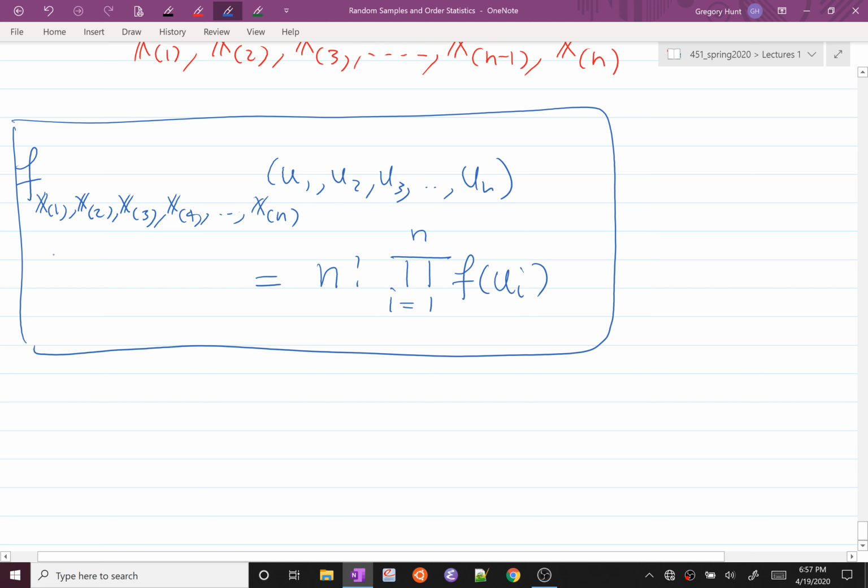The idea is that all this is just a reordering of my data. This is basically just n factorial times the joint of my random sample.